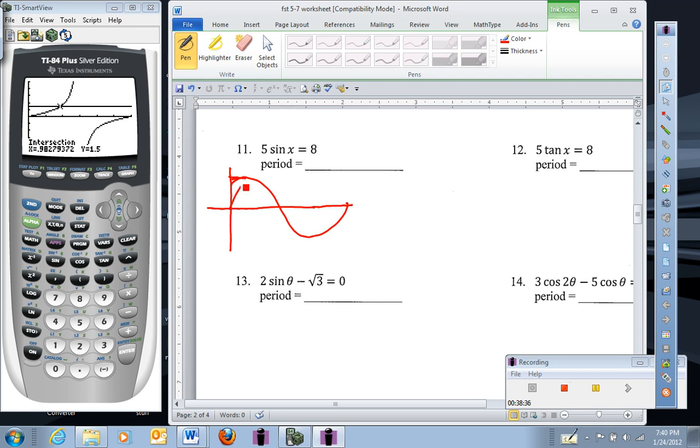No, it's going to start down here, isn't it? Go like this. Okay, so it's going to max itself out at 5 here. Its minimum is going to be at -5. Okay, and then there's going to be a line going across here at 8, isn't there? What's the period of sine x? 2 pi.